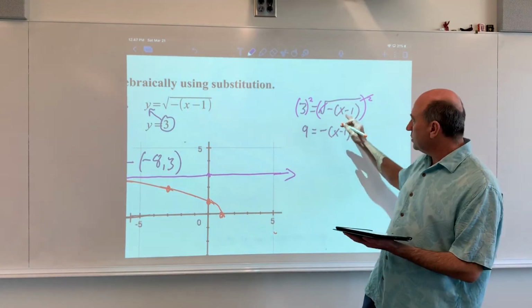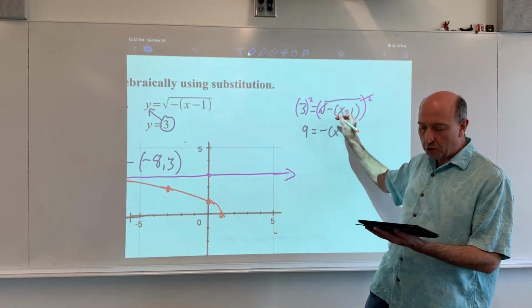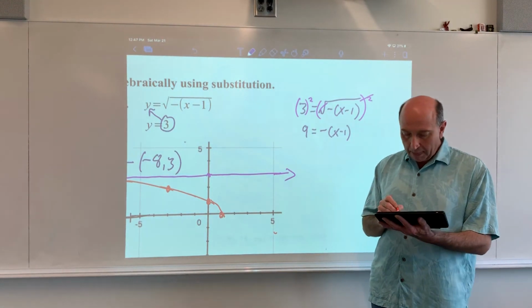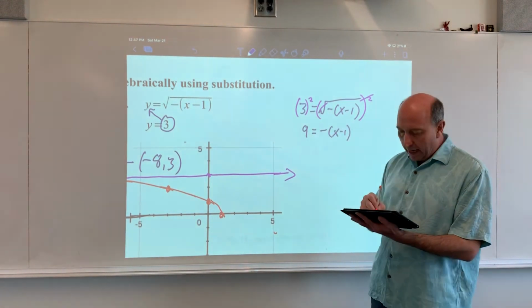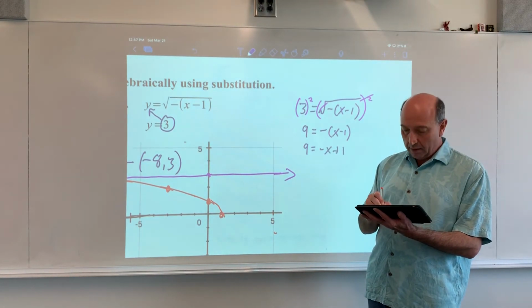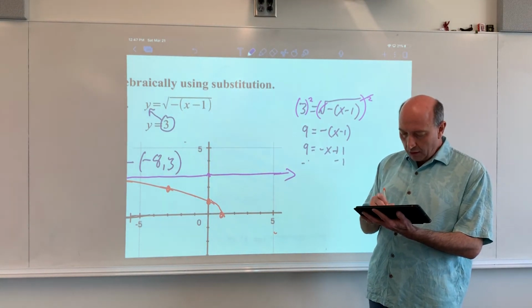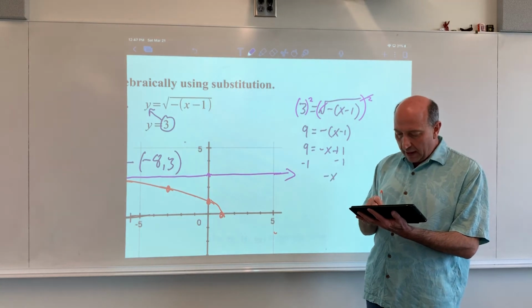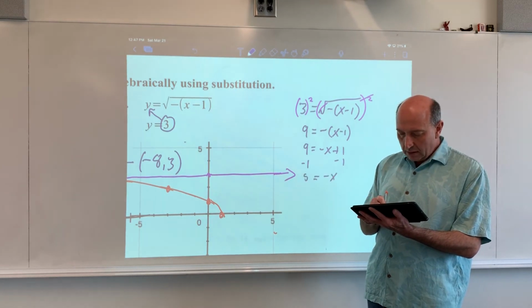I don't need a plus or minus because the square root of a positive and the square root of a negative are different. I will distribute my negative, getting 9 equals -x plus 1. I will subtract 1 from both sides, getting -x equals 8.